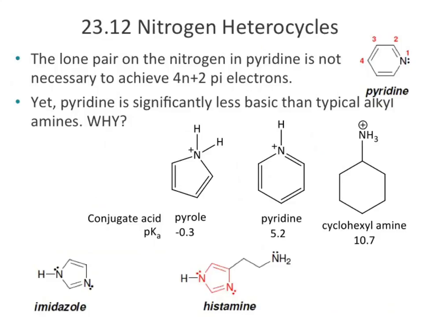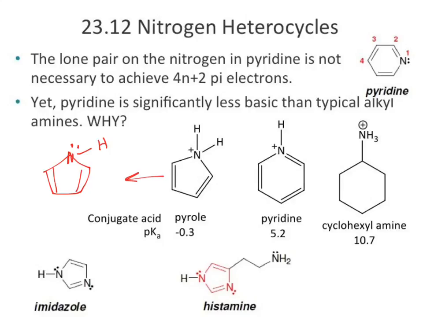Why is pyrrole so much more acidic than cyclohexylamine, or even the pyridine? The conjugate base is aromatic. Okay, whenever you're ranking acidity, look at your conjugate bases. The conjugate base of your pyrrole looks like this guy. Why is that important? Throw on that hydrogen.